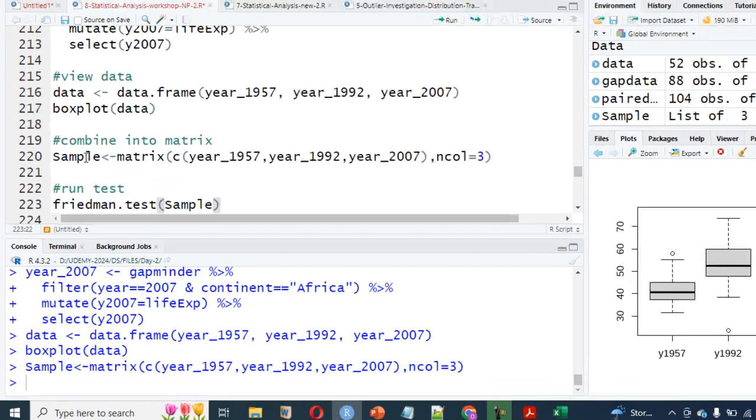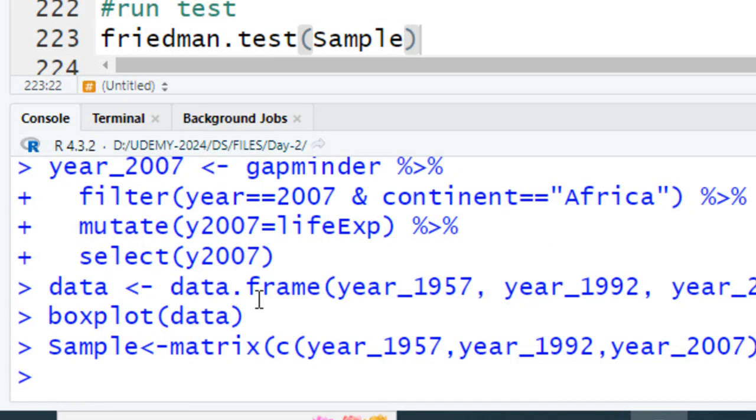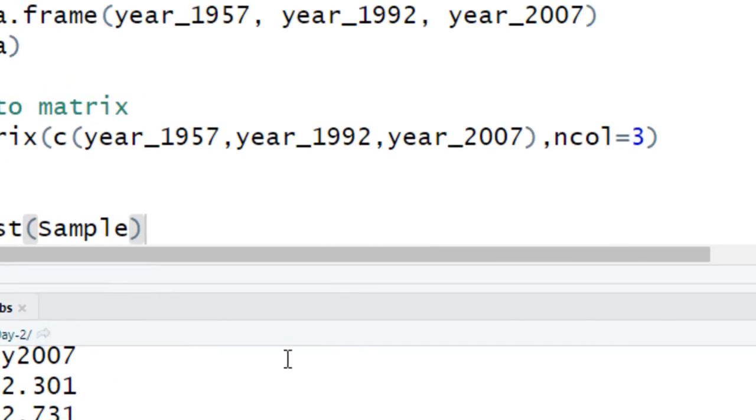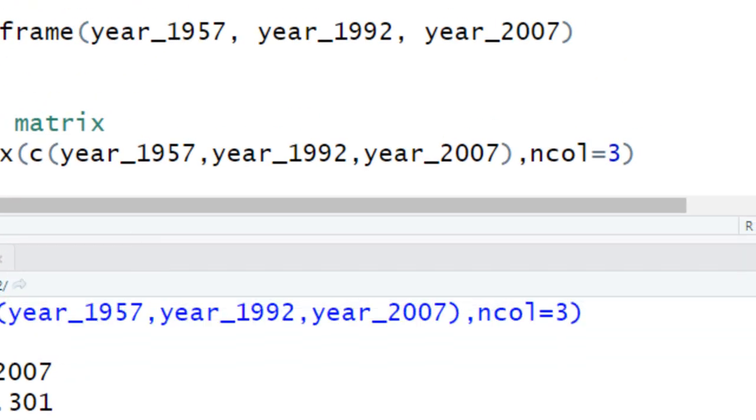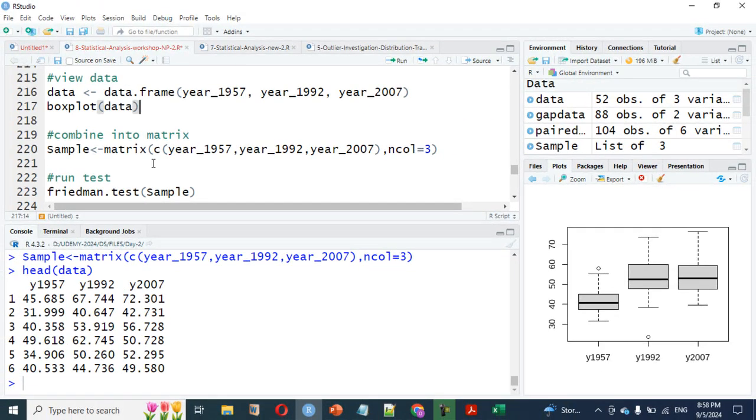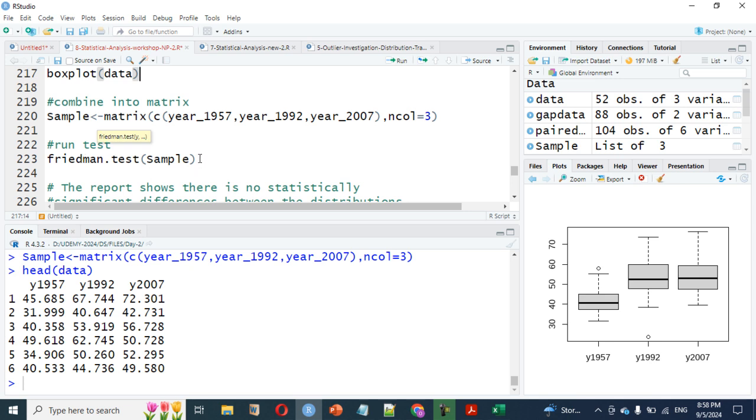Let's check the data with head. Look at it here, see the life expectancy for these years. You can see them. I'm trying not to make it too complicated. So you can run the test now and see what I'm talking about.